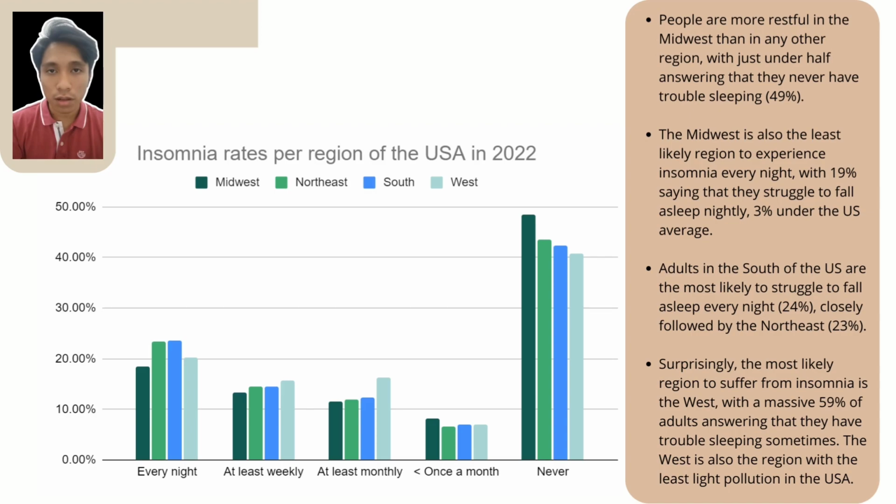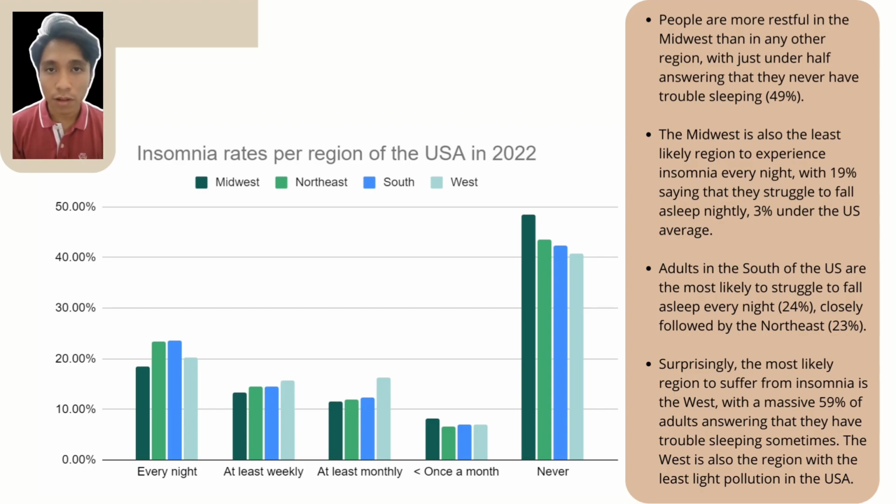The Midwest is also the least likely region to experience insomnia every night, with 19% saying that they struggle to fall asleep nightly, 3% under the US average. And adults in the South of the US are the most likely to struggle to fall asleep every night, at 24%, closely followed by the Northeast at 23%.